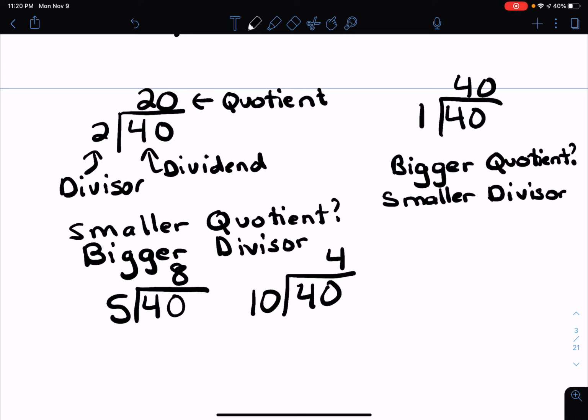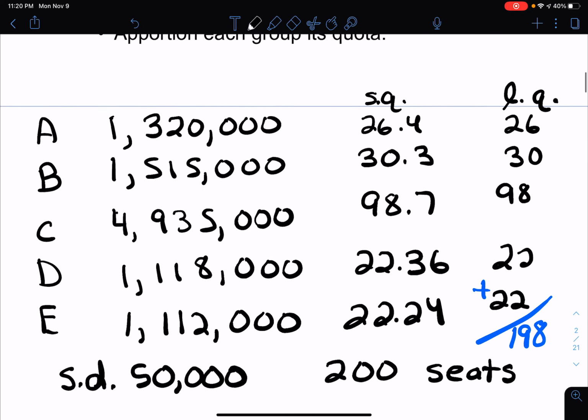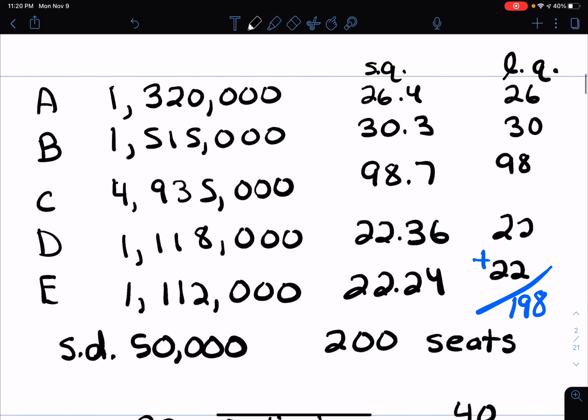And that's the kind of thinking I need to think about when I start trying to modify my divisors. Back up here, again, standard divisor of 50,000 wasn't right for getting the 200 seats. I came out short. So since I need the number to come up higher, then I need my divisor to be the opposite and be lower.